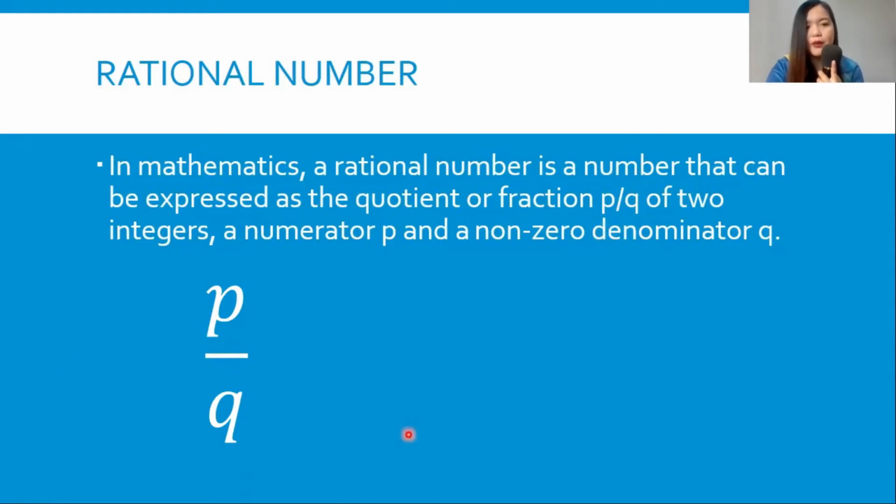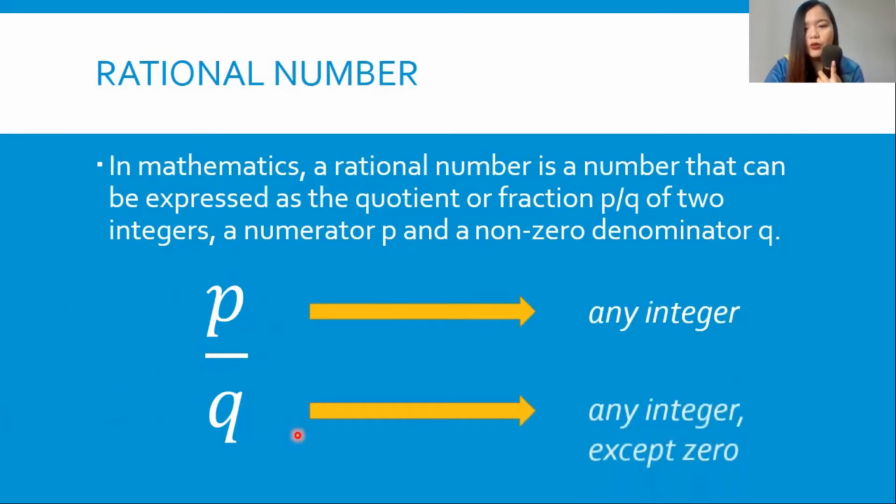That is not the proper way of writing fraction. But instead, it is a bar between two integers that are written vertically. So, just like this one, P over Q or P bar Q, where P is any integer and Q can be also any integer except 0.